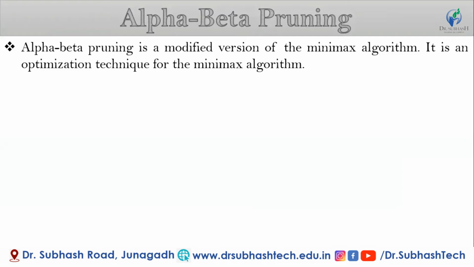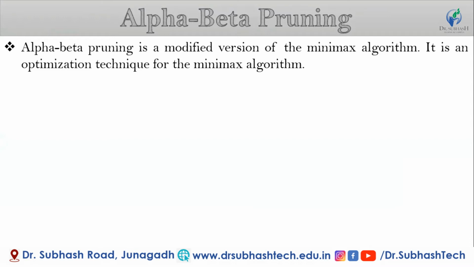Alpha beta pruning is a modified version of the minimax algorithm. It is an optimization technique for the min-max algorithm. As we have seen in the minimax search algorithm, the number of game states to examine is exponential in the depth of the tree.